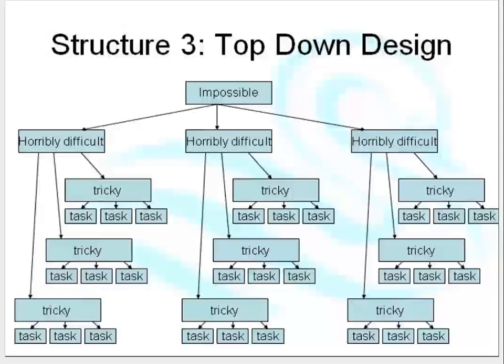And then we give each task to a tradesman, and off he goes and does it. Once all the tasks have been completed, then we've completed the tricky tasks. Once we've completed all the tricky tasks, then we've completed all the horribly difficult tasks. And once we've completed all the horribly difficult tasks, we've completed the impossible.